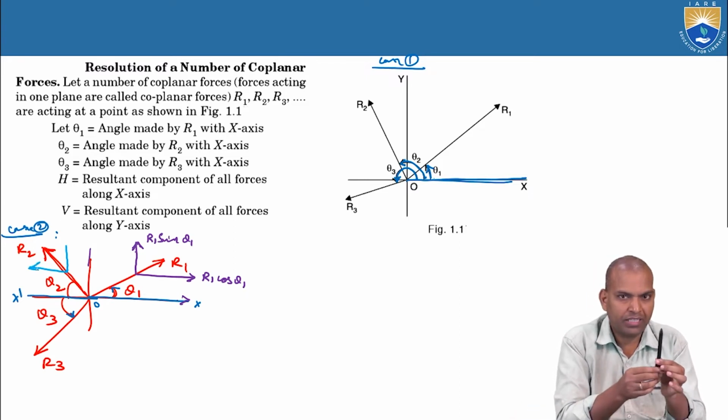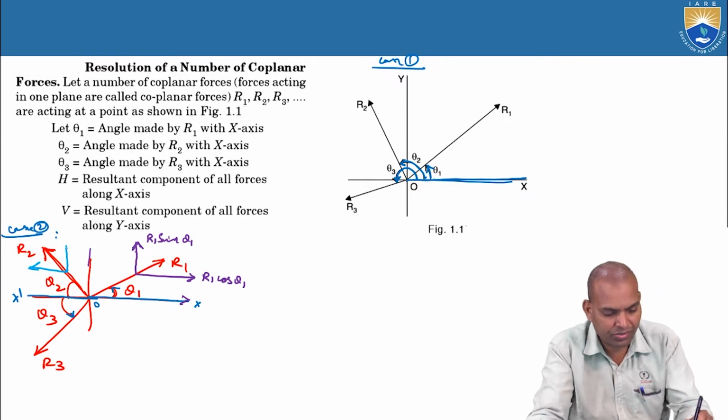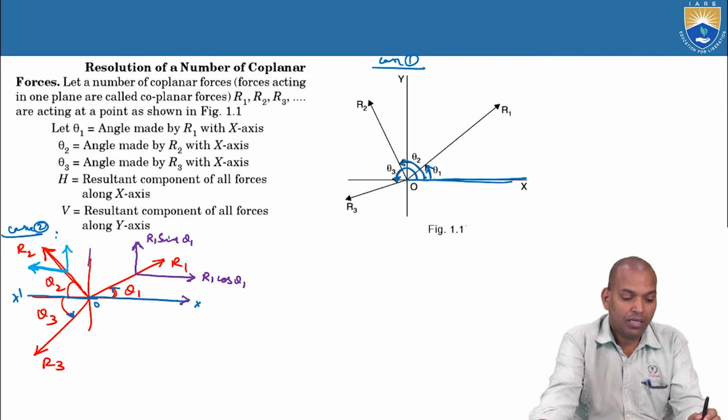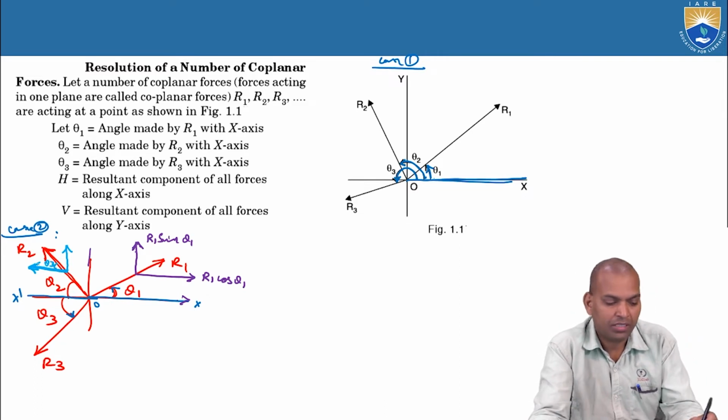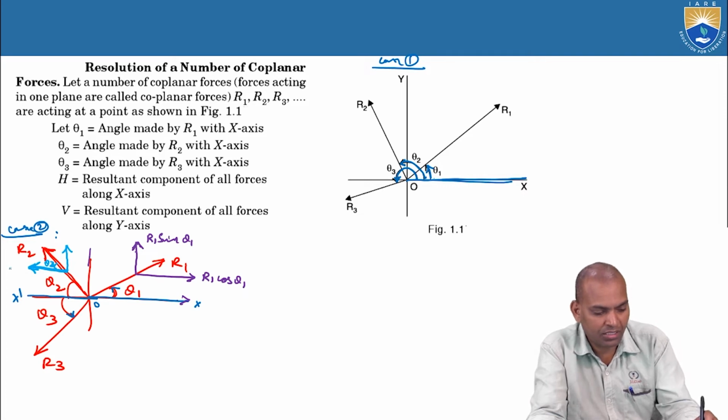Next, make it vertical, OY, this is upwards. Now whatever this component, the angle made here is theta 2. That means it is R2 cos theta 2, and whatever is here, R2 sin theta 2.